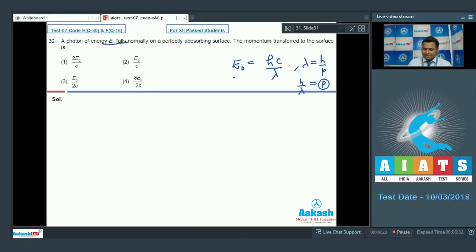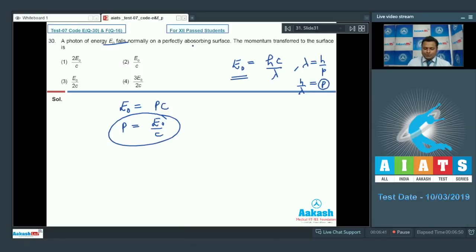So in the given energy equation, E0 can be written in terms of momentum, that is p times c. So the momentum of photon, that is initial momentum, will be E0 divided by c.